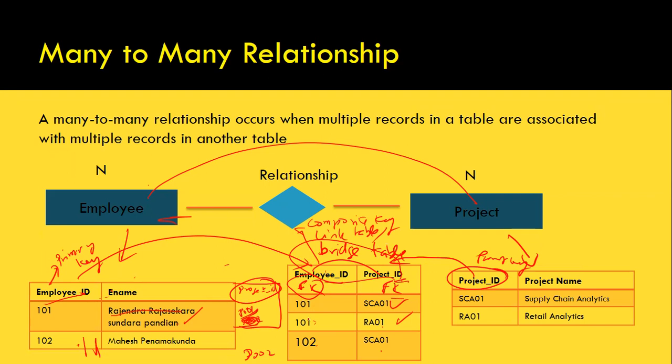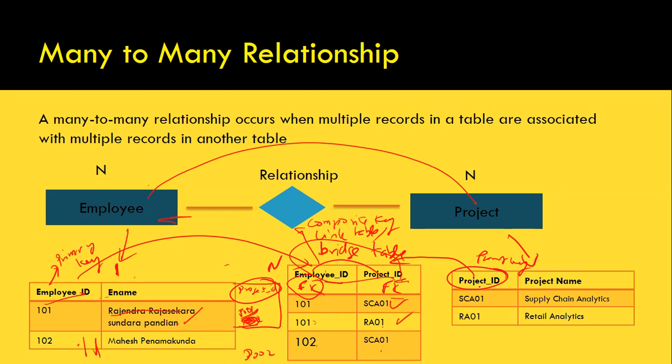So with this, you should be able to see, if somebody asks what relationship exists between these two: this is one side, this is many side, a one-to-many relationship. For each employee ID, you have more than one project detail available. For each employee, you can see their multiple project IDs in this table by joining.